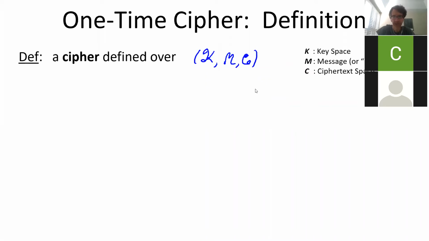Okay, thanks. All right, so here we'll first define a one-time cipher, so a cipher where a key can be used once. Again, this is just the beginning, right? We have to start somewhere. For that, we need three spaces. A space where the key is going to be chosen, the key space.